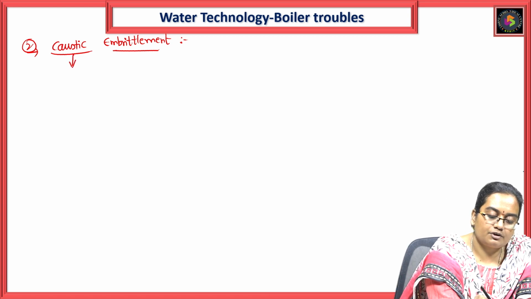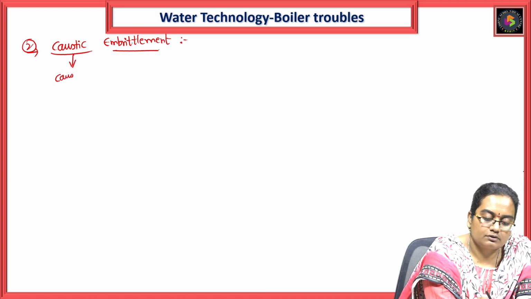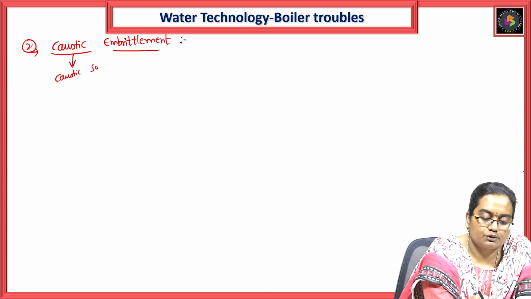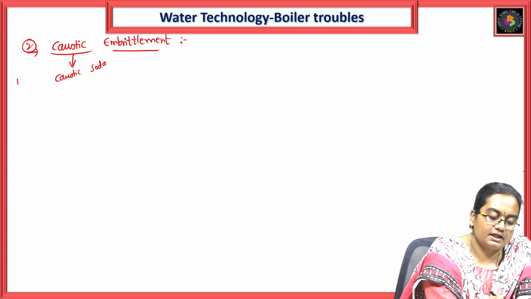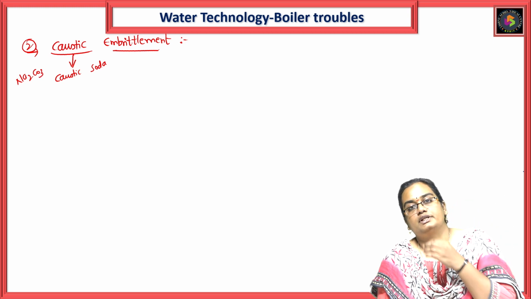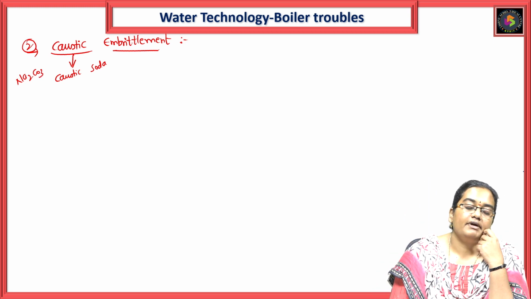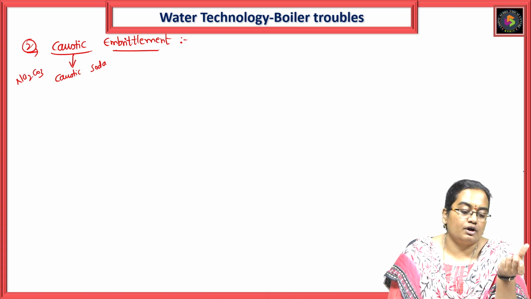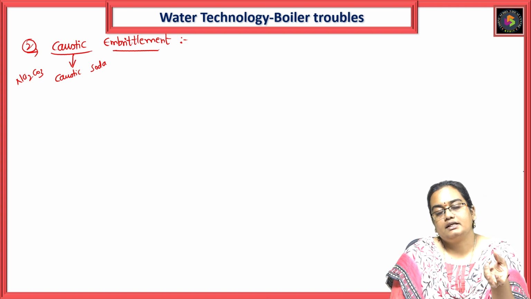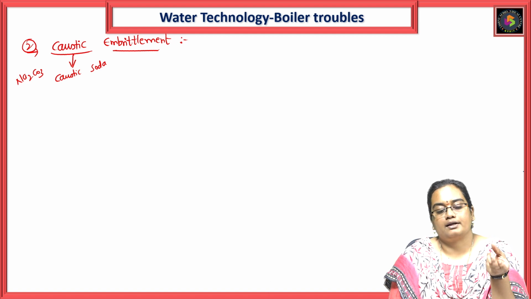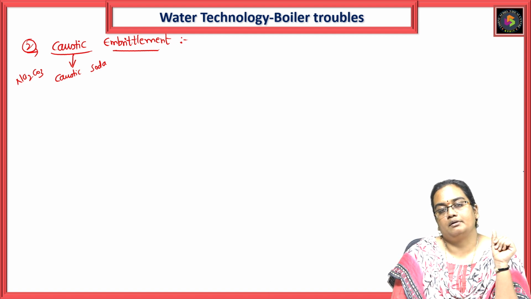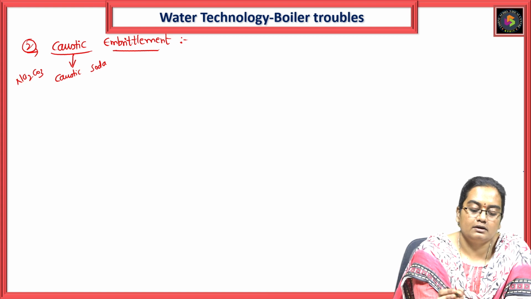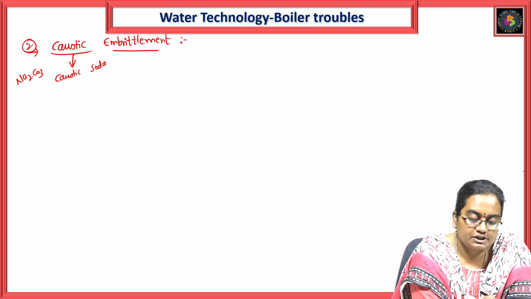Caustic means nothing but your caustic soda. Caustic soda, that means Na2CO3. So when Na2CO3 is present in your boiler feed water, it is giving brittleness to your boiler, which is known as caustic embrittlement.